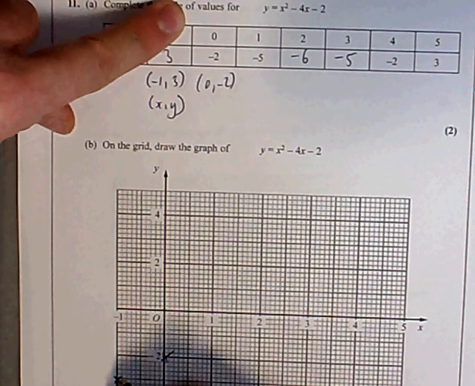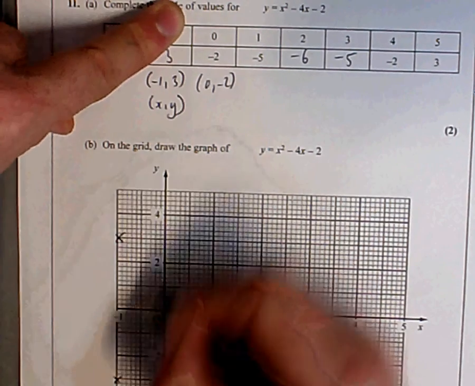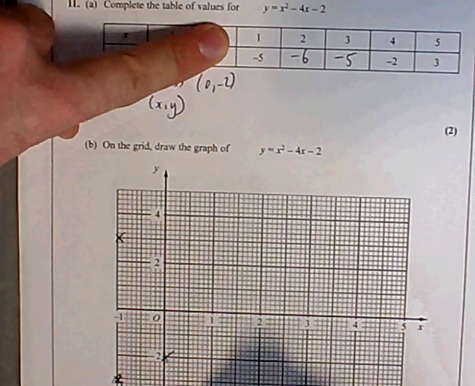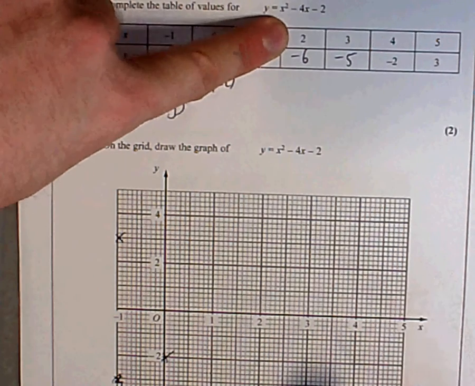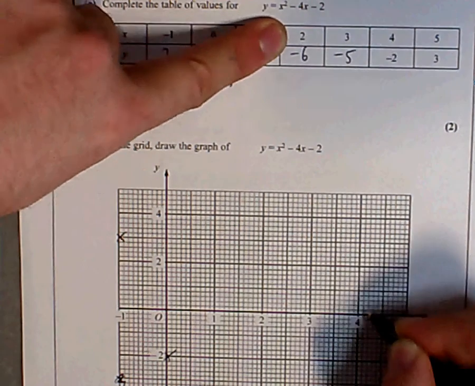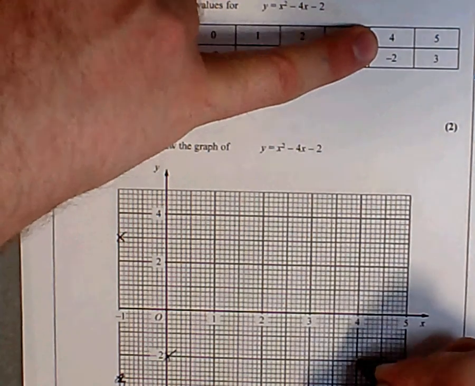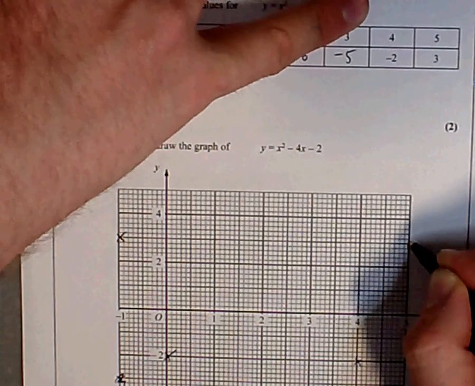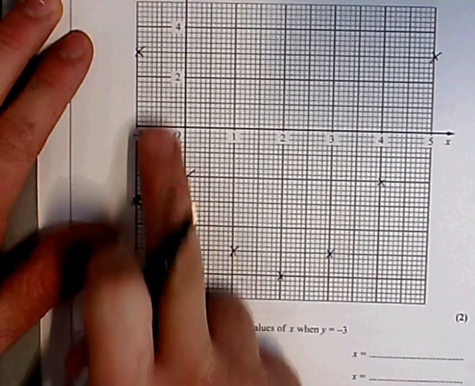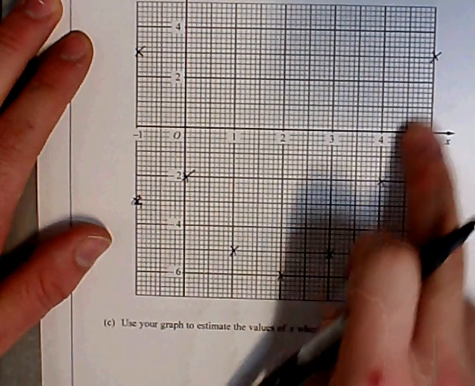Can't follow my own instructions. 2, -6. 3, -5. And you can see the symmetrical idea coming out. 4, -2. 5, 3. Okay, you can see this smiley face when I bring it back up. Smiley face for the quadratic.